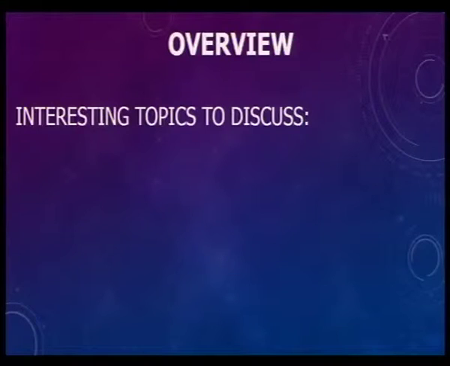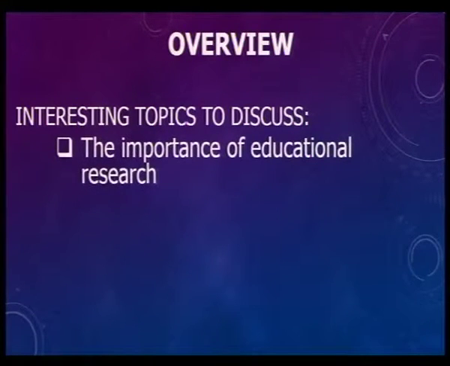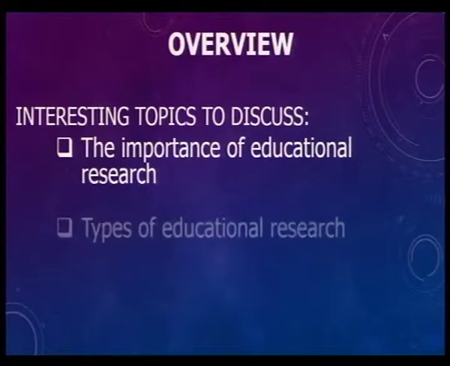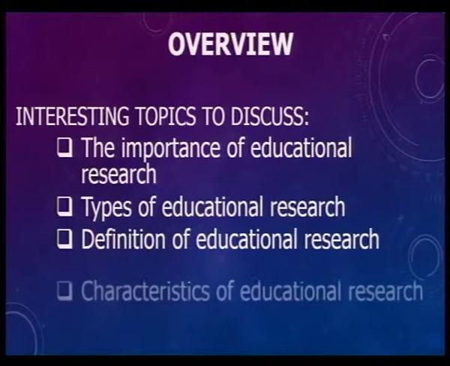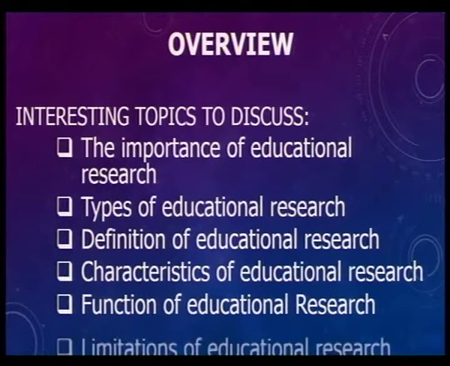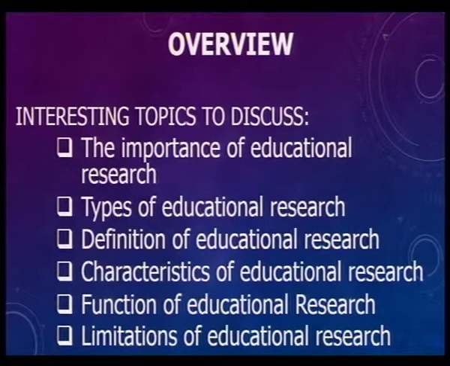We are going to talk about interesting topics that we are going to discuss. We are going to talk about the importance of educational research and the types of educational research. And also we are going to look at the definitions of educational research. So what is educational research all about?